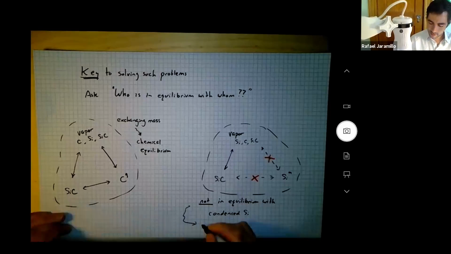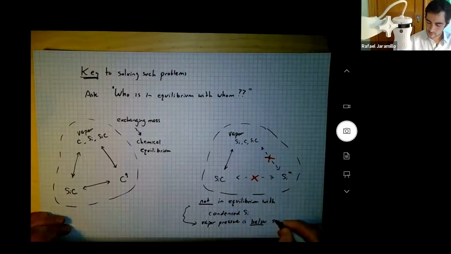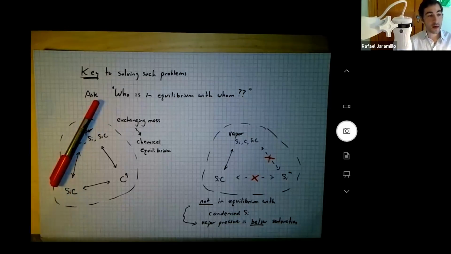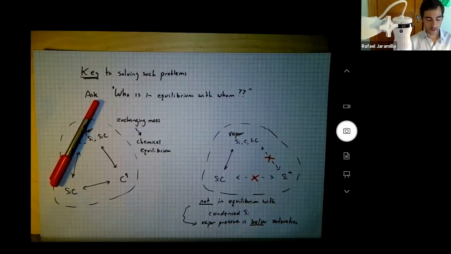It means that the vapor pressure is below saturation. Because when I saturate the vapor pressure of a thing, that thing starts condensing out of the air. It starts raining silicon, right? If the vapor pressure reached the saturation vapor pressure of silicon, it would start raining silicon in that system. But that didn't happen. So the vapor pressure is below.